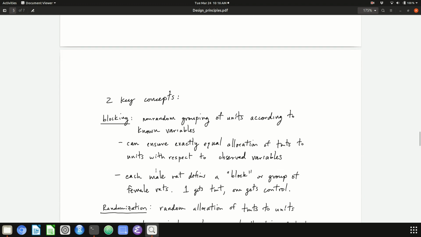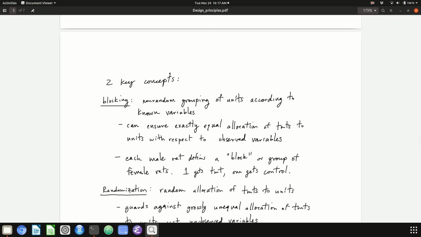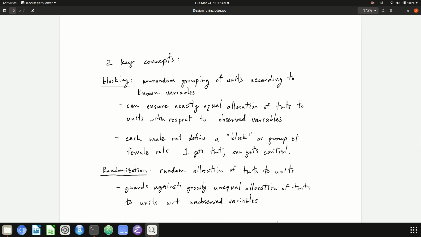This allows us to ensure exactly or close to exact equal allocation of treatments to units with respect to this observed variable, which is the female rat weight. So that's for weight. We could also think of the male rats as blocks. So each male rat defines a block, and one of them gets treatment, one gets control.